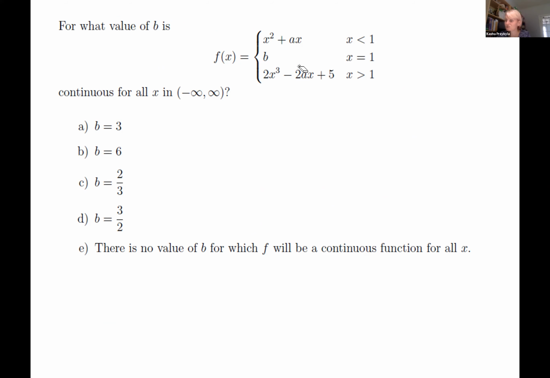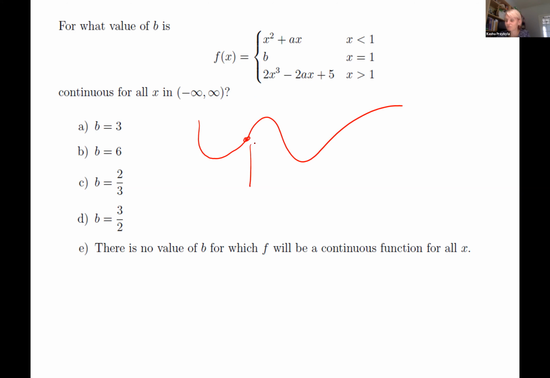We see a third degree function defined for x greater than 1, also a nice and smooth curve. All polynomials are continuous. And the value exactly at 1 is the value b, which is just a dot. But we want all of them to connect: the parabola, then the value b, and then the cube function, nice and smooth.